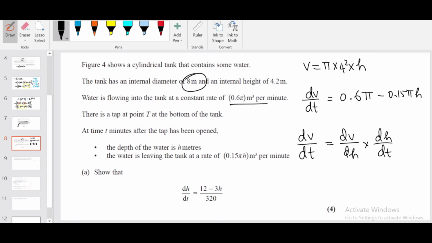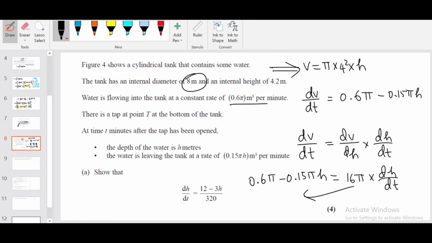Sub in the known components here. dV by dt is 0.6 pi minus 0.15 pi h is equal to, when you differentiate this with respect to h, you will get 4 square, 16 pi times dh by dt. Bring the 16 pi here, you'll get the answer already.